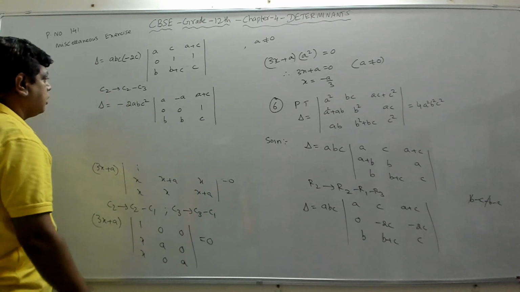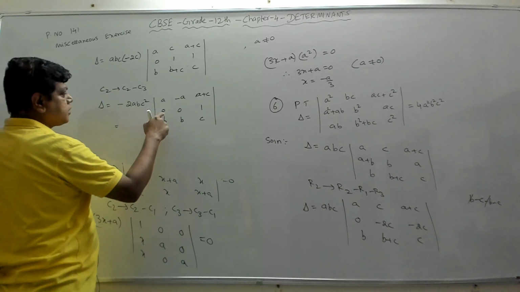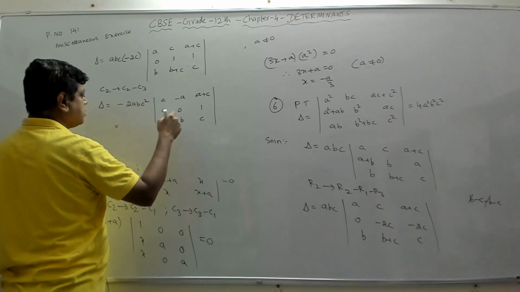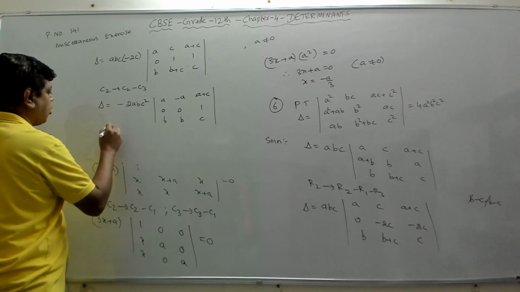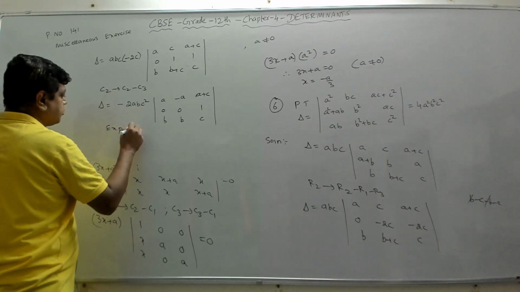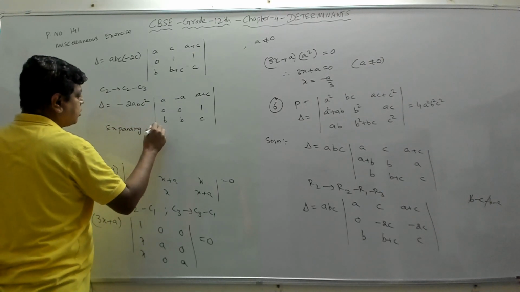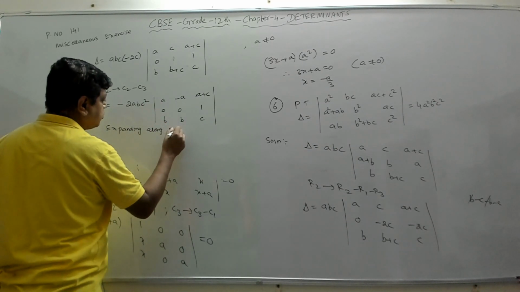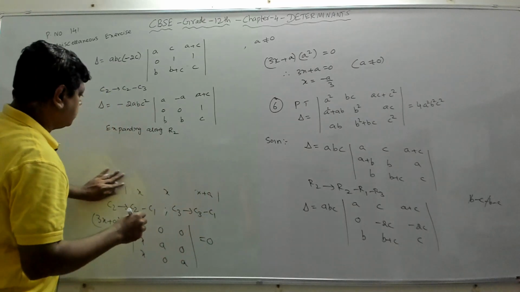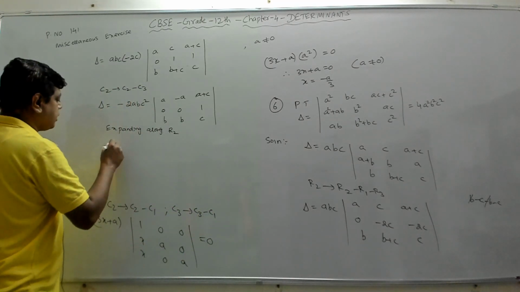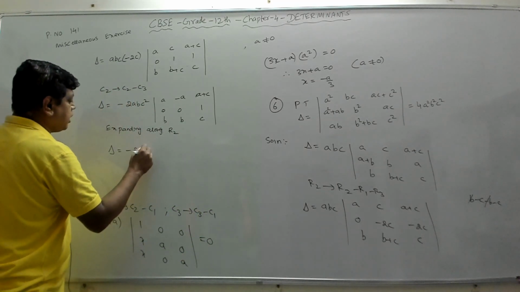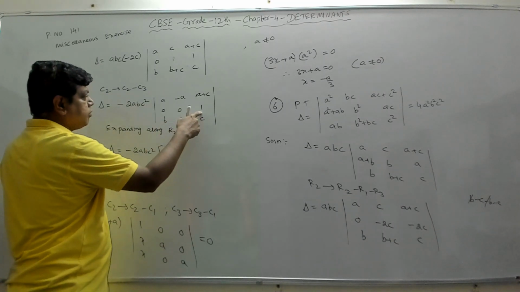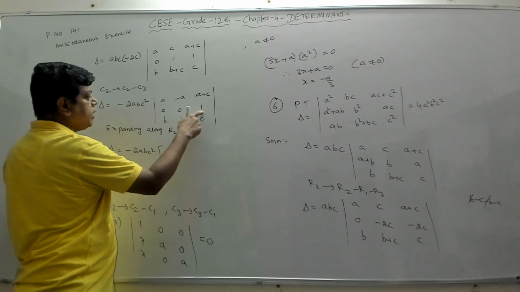Fine. Now again, see the second row, these two have become 0 and this is 1. So we can expand along the second row. So expanding along R2, what do we get? We get delta equal to minus 2ABC square into, now this one, this is A21, A22, A23.